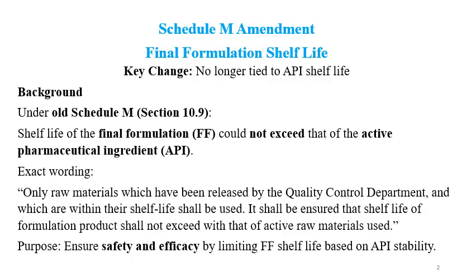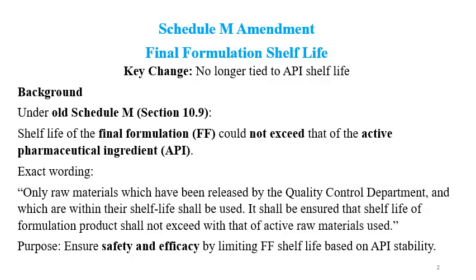Exact wording: only raw materials which have been released by the QC department, that is quality control department, and which are within their shelf life shall be used. It shall be ensured that the shelf life of the formulation product shall not exceed that of the active raw materials used. The purpose is to ensure safety and efficacy by limiting finished formulation shelf life based on the API stability.